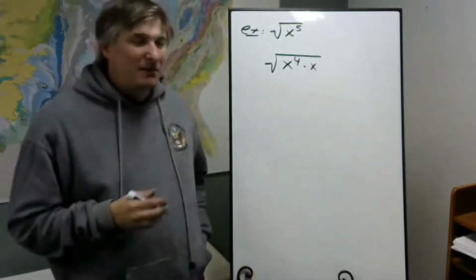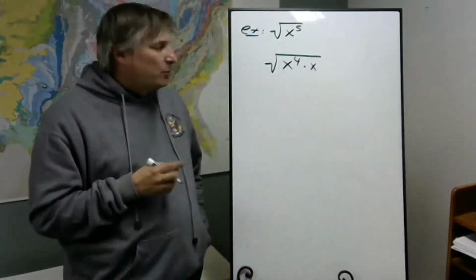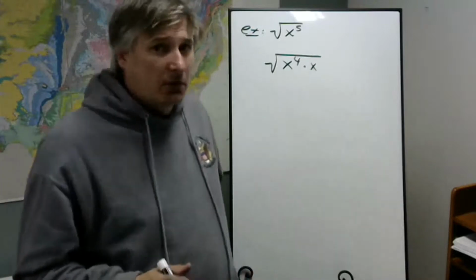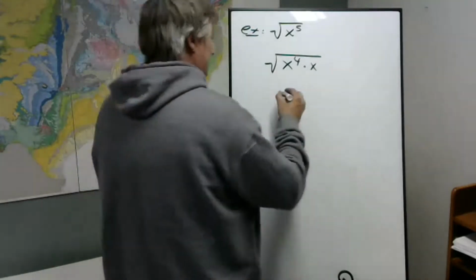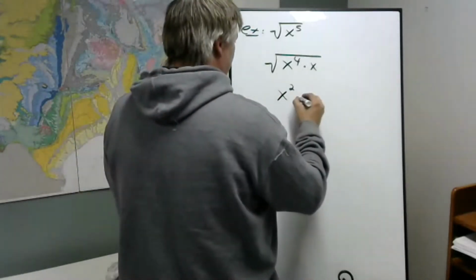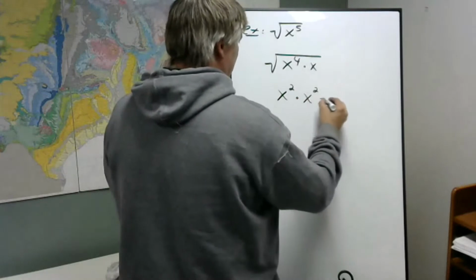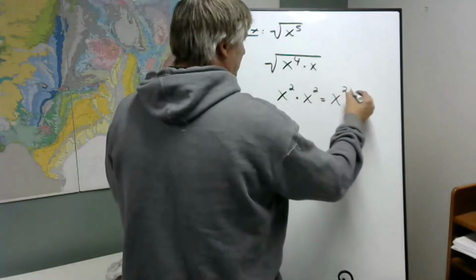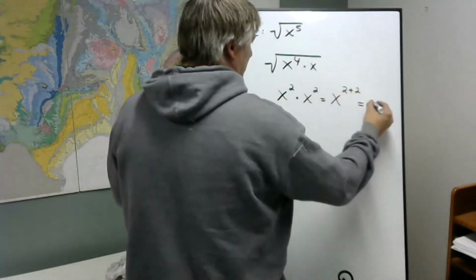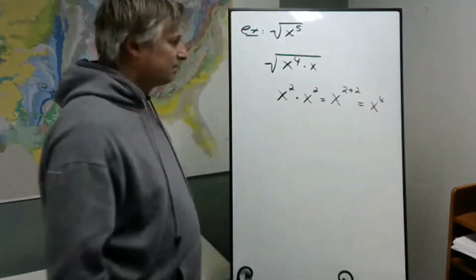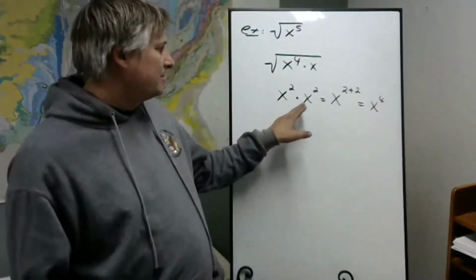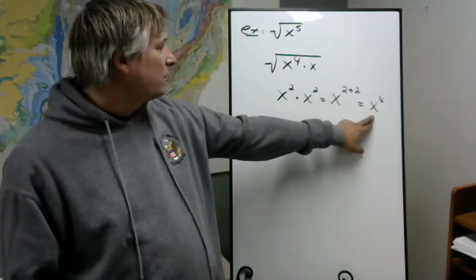And what we want to think about is this. We can take the square root of x to the 4th, and here's why. X squared times x squared is x to the 2 plus 2, or x to the 4th. Something times itself gives you x to the 4th.